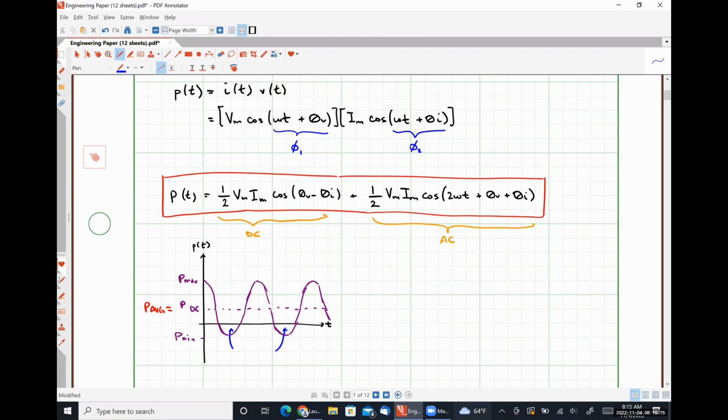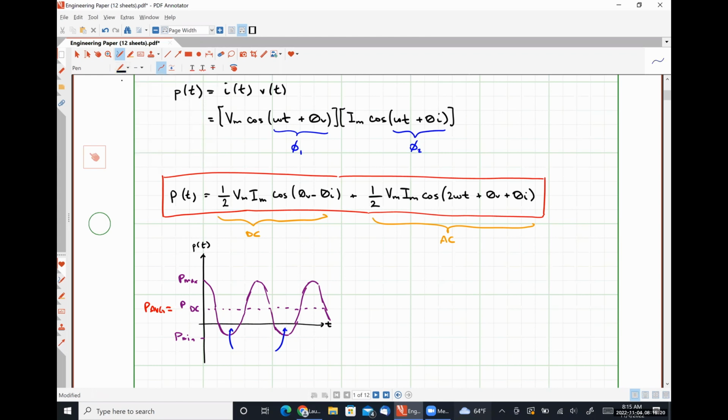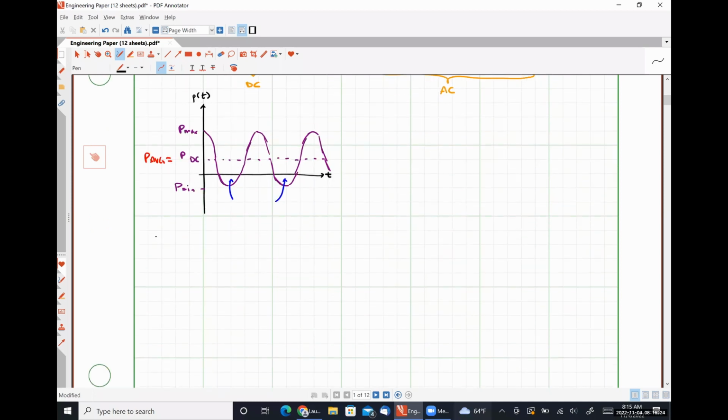All right, now let's get into details specific to resistors, capacitors, and inductors. So for a resistor, and I'm going to be pulling up some information that we developed a couple of days ago in our phasor relationships portion of the lecture.